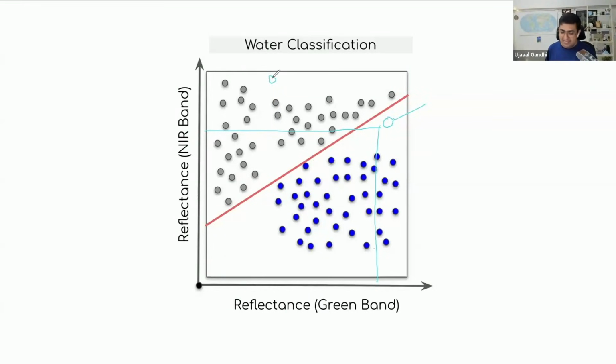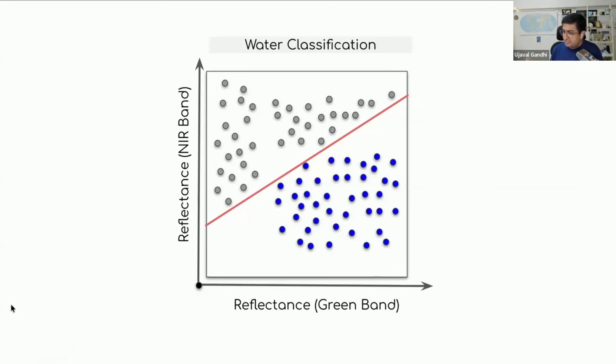This falls above the line, so I'll mark it as not water. And it'll do this for every unknown pixel, and then you have a classified image. So the training part will be to figure out this plane separating these classes, and then at prediction time it is going to use that plane to figure out where the pixels are and classify them accordingly.